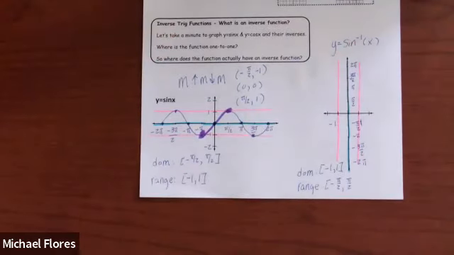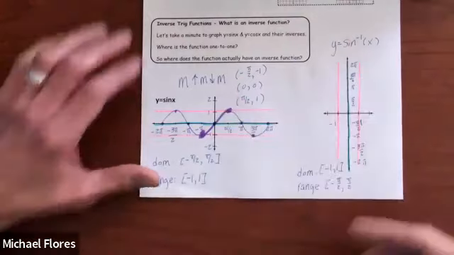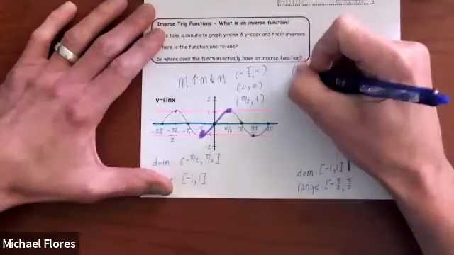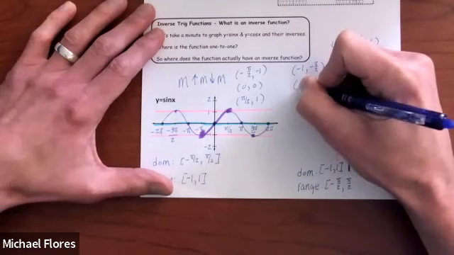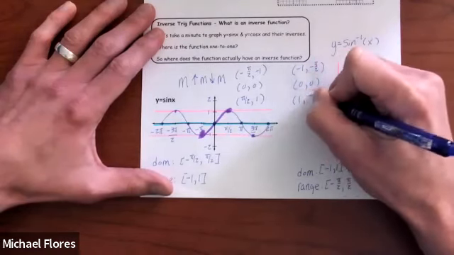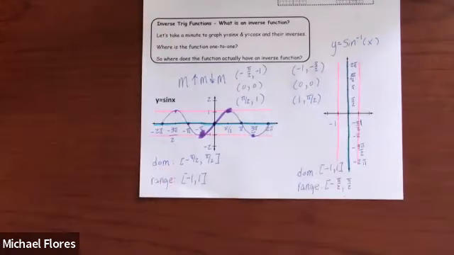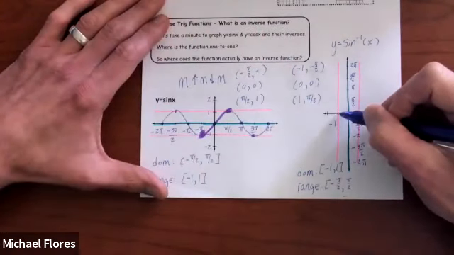Now remember, inverse functions simply flip. The values flip. So if I'm going to plot these values over here, the inverse, they're just going to switch roles. So it's negative 1, negative pi over 2, 0, 0, and 1, pi over 2. So now we could graph that.